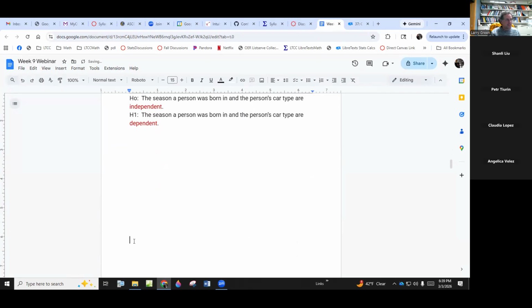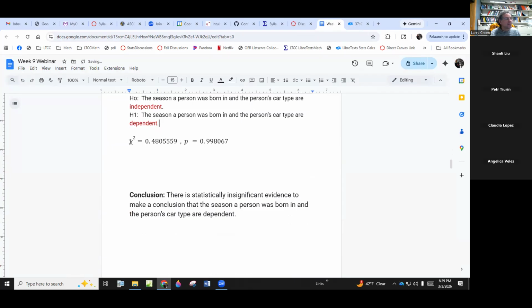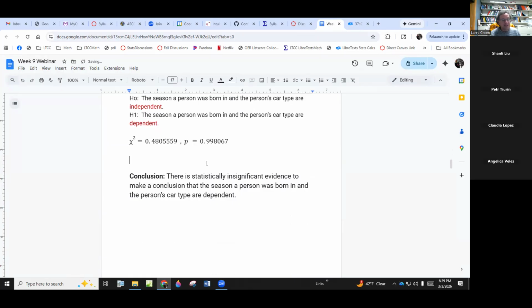So here's our chi-squared, here's our p-value, and we can state the conclusion. There is statistically insignificant evidence to make a conclusion that the season a person was born in and the person's car type are dependent.